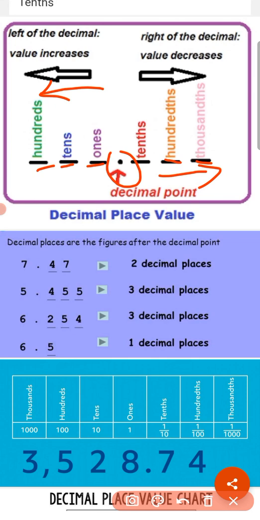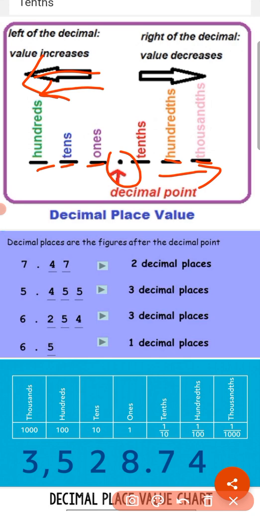To the right of the decimal, the value decreases. The values of the digits in the tenths, hundredths and thousandths places are less than 1. But on the left of the decimal, the value increases. The values are more than 1.